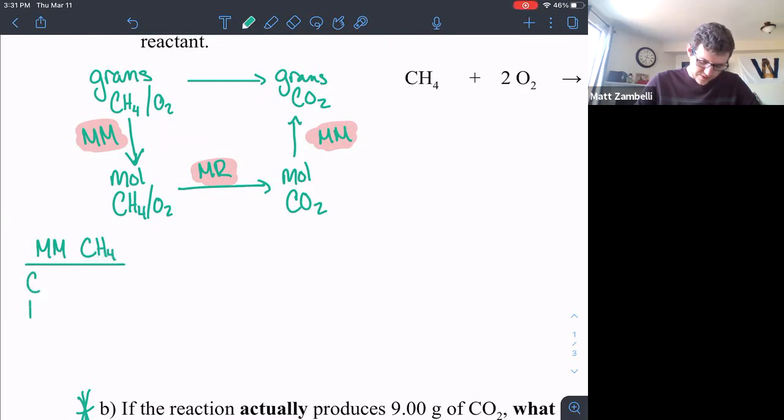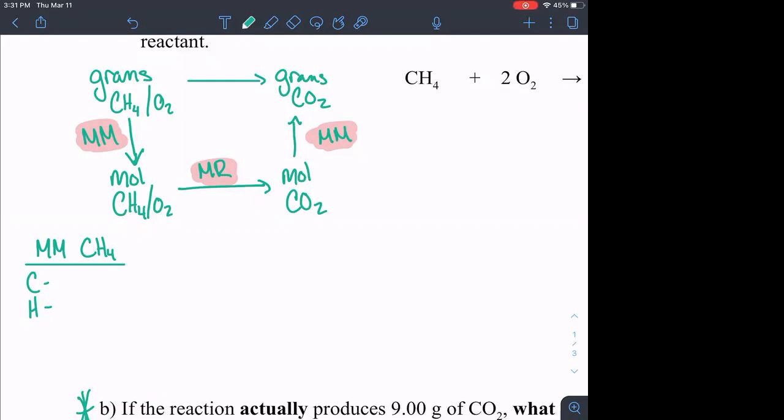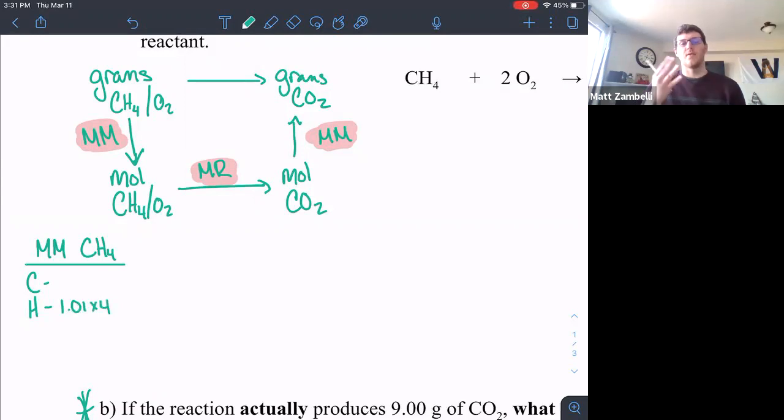All right, we have C and we have H. Who can tell me the molar mass of either of those two things? Hydrogen is 1.01 times 4. Perfect. We have to multiply by 4 since there are 4 H's. And what about carbon? What's the molar mass? 12.01. Awesome.